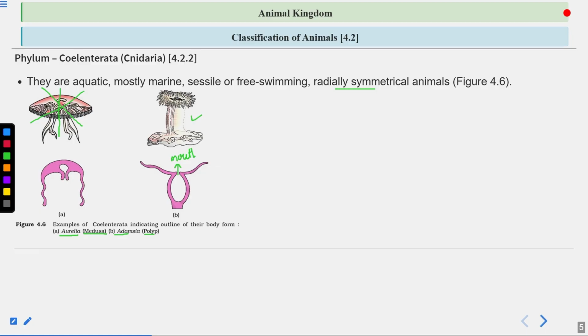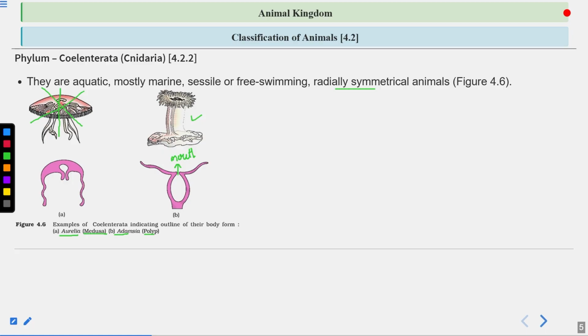And what type of body do you see here? It is tube or cylindrical shaped, primarily involved in feeding. So basically, the polyp stage is involved in feeding and protection of the organism. Some examples are sea anemone, corals, and some hydroids.